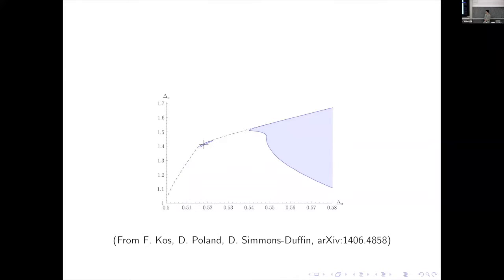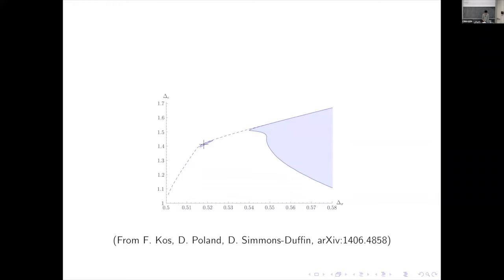If you impose crossing on these sets of 4-point functions, you get a plot that looks like this, where for a given precision of the numerical conformal bootstrap setup, you get a small island and a big peninsula to the right. If you push the precision higher, this big peninsula will be pushed further and further to the right, and the island will converge onto the known critical exponents of the 3D Ising model.